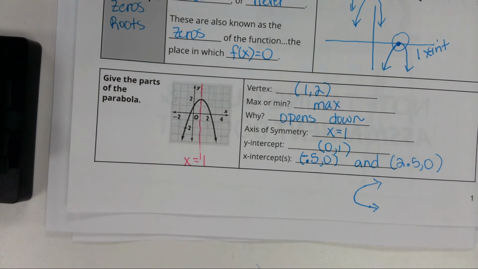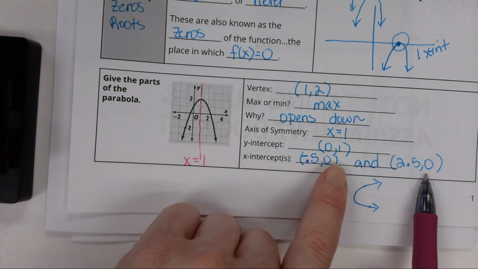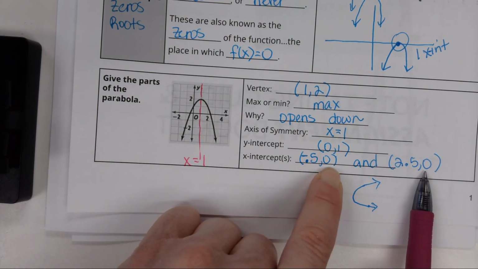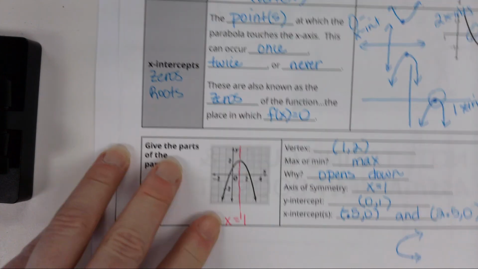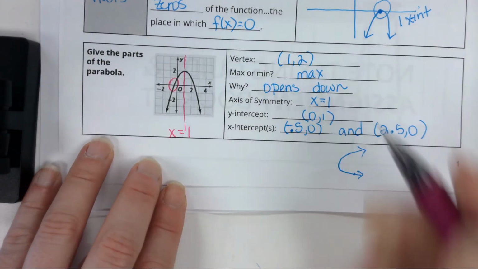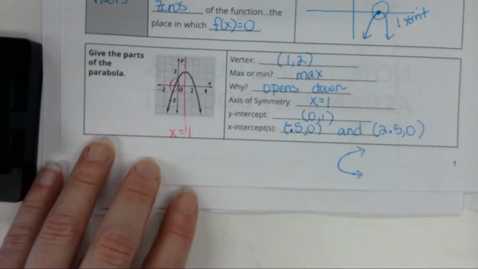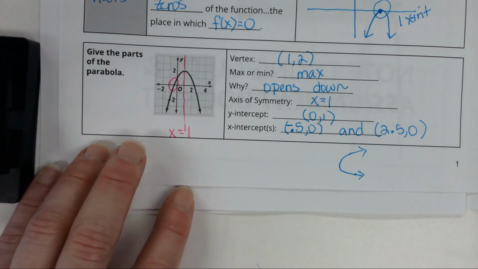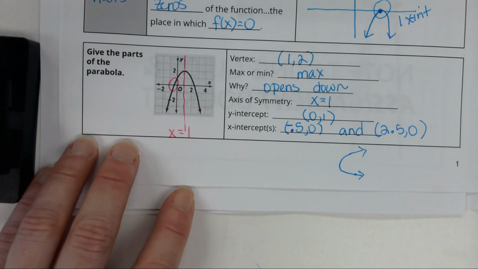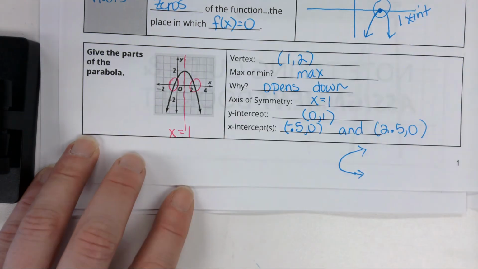What I'm saying is if they are where they touch the x-axis, then the coordinate should have a 0. How did you get 0.5? I circled right there, and it looked to me like it was about halfway between 0 and negative 1. And then this looks to me like it's halfway between 2 and 3.